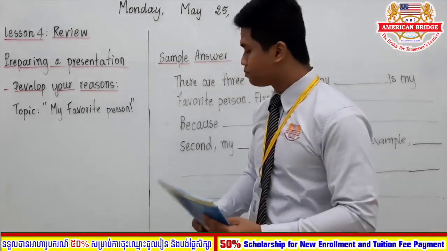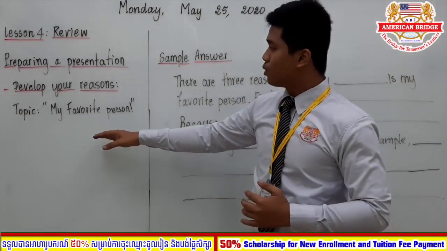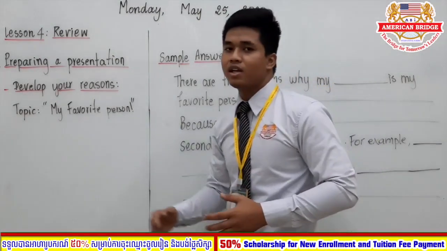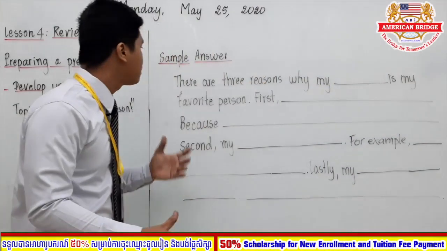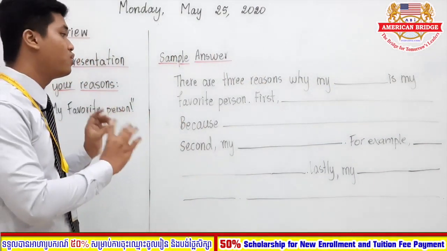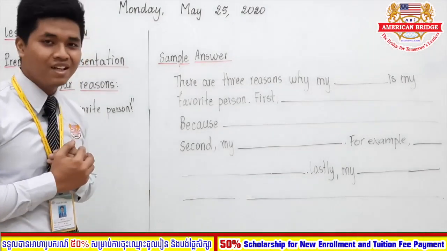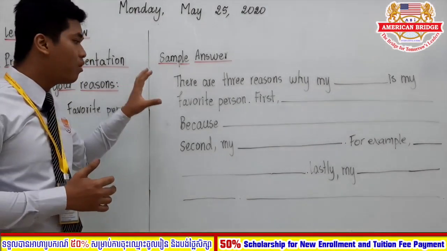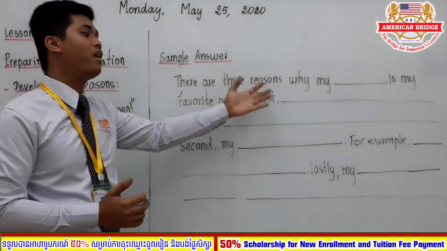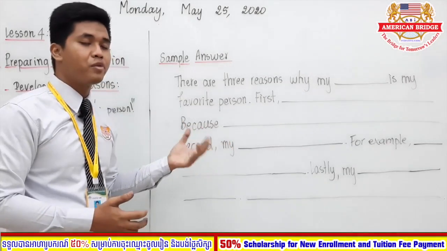Here I have a simple topic, my favorite person, and on this side is the sample answer that I am going to do for all of you, which is about my favorite person. After I finish and complete all the information here, you will know how I support my reason.